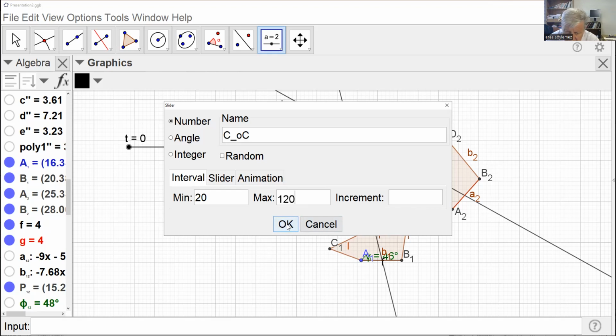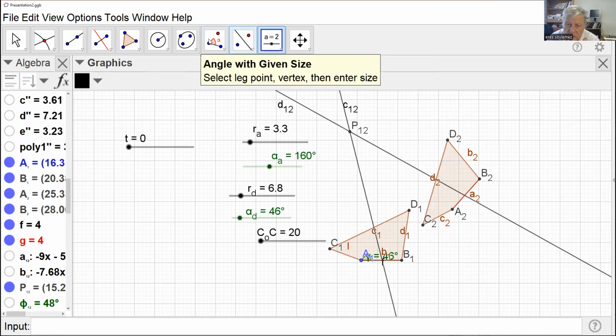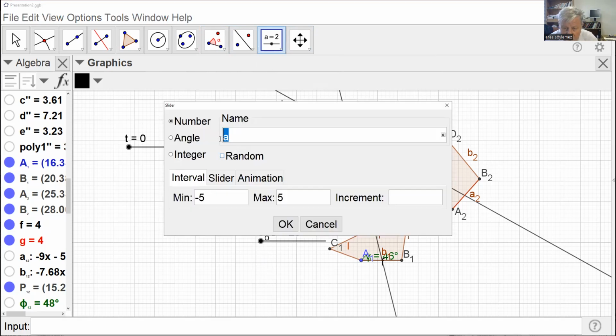If I have it small or too large, it's okay. This will be more meaningful if I give it the name C0C. And then I will have D0D, again from 30 to 150, okay.